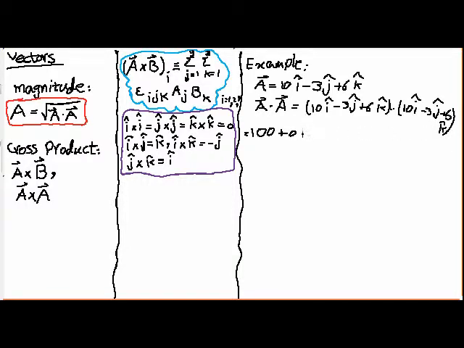It's very simple: you just need to multiply the coefficients of i hat by i hat, j hat by j hat, and k hat by k hat. So minus 3 times minus 3 is 9, and 6 times 6 is 36. So it's 145. Therefore the magnitude of A is the square root of 145.